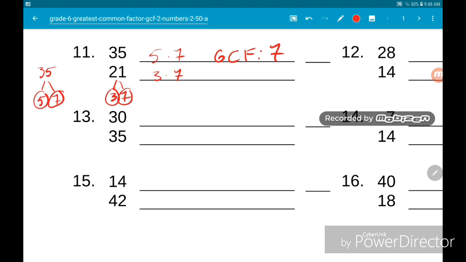Arteria, come up. On the board, do number 13. It's just like regular pencil.